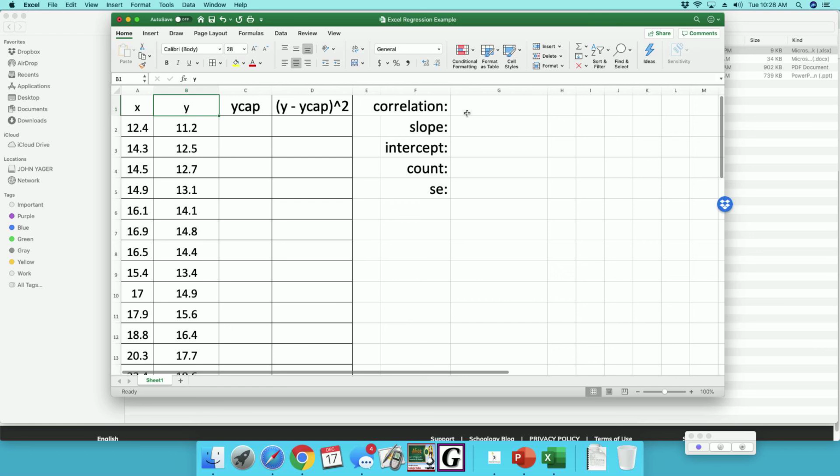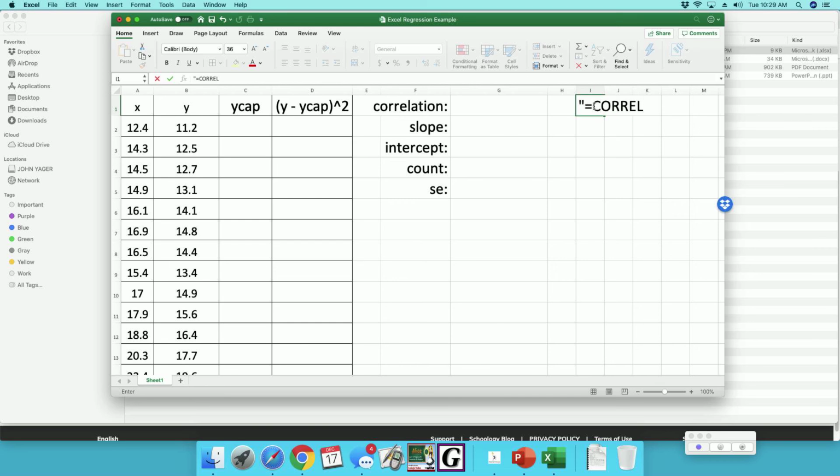So for this, I'll put it over here so you can see it. I'll do equals CORREL, and then you put the x's in, and you put the y's in.